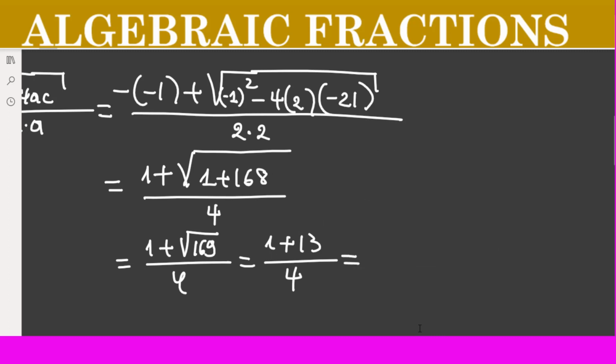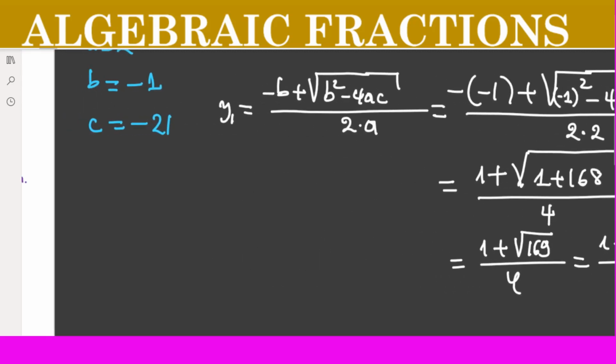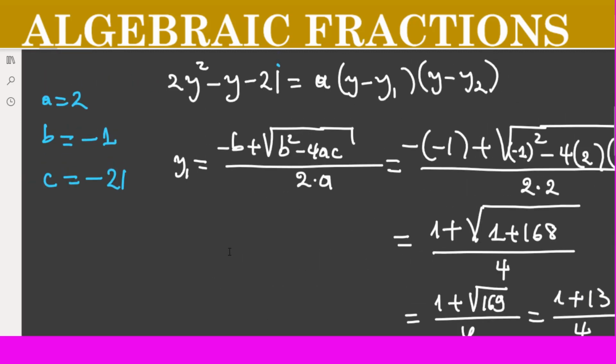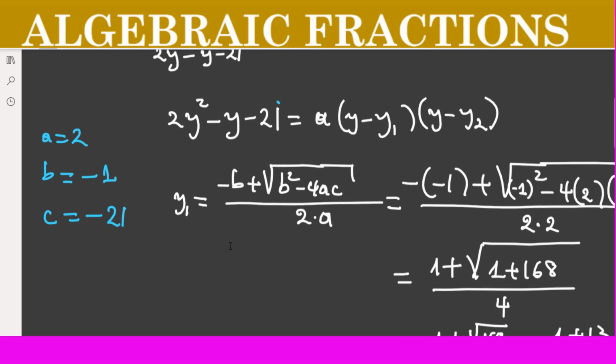We get 14 over 4, which equals 7 over 2, because it is simplified by 2. Now y1 equals 7 over 2.